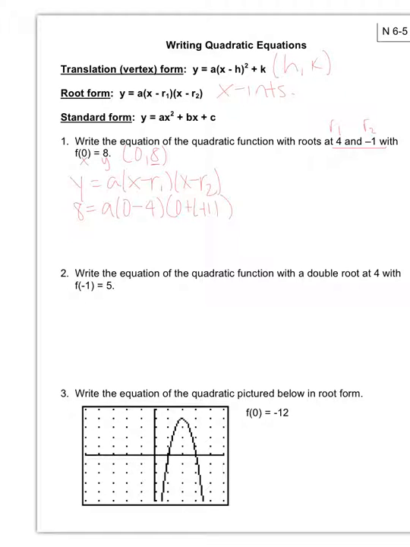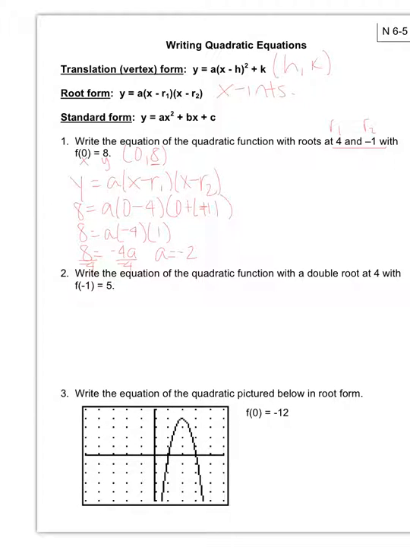Okay, so now we're going to do what's inside parentheses. So we have 8 equals a times (0 minus 4, which is -4) times (0 plus 1, which is +1). Okay, so we're multiplying all those together. So we should get 8 equals -4a. So when you divide by -4, your a would equal -2.